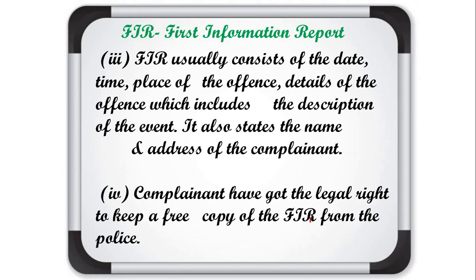Understood about it? And as I told you, the date and time must be there, and the address and name also. The FIR is registered in a prescribed form and is signed by the person who has filed the complaint, and it is the legal right of the complainant to get a free copy or photocopy of the FIR from the police.